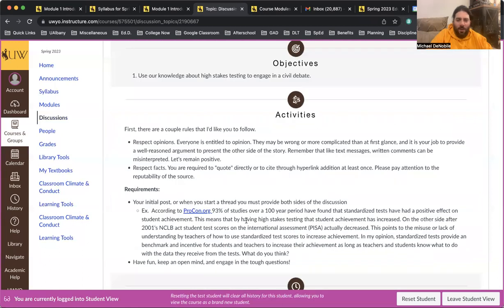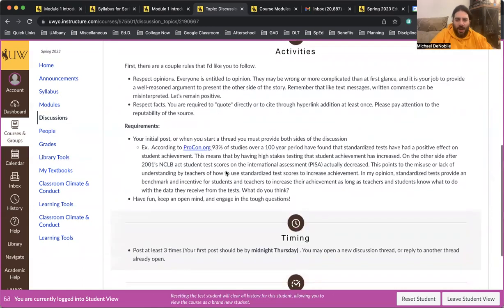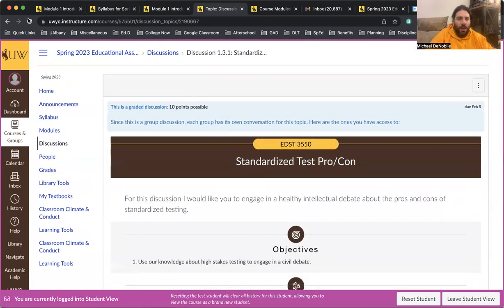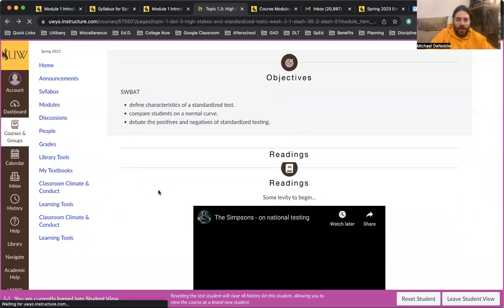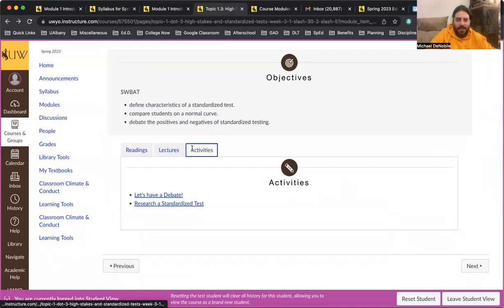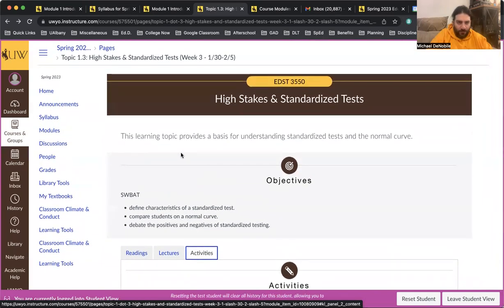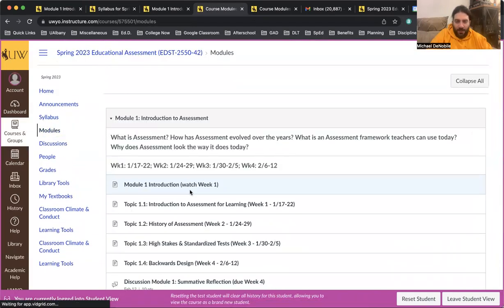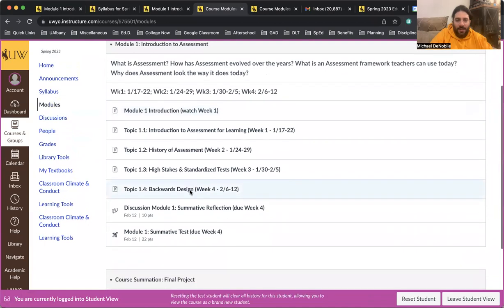And again, all of the directions are on the activities page for you to look at. And then the last activity for that week is for you to research a standardized test. Again, all the directions are right there.